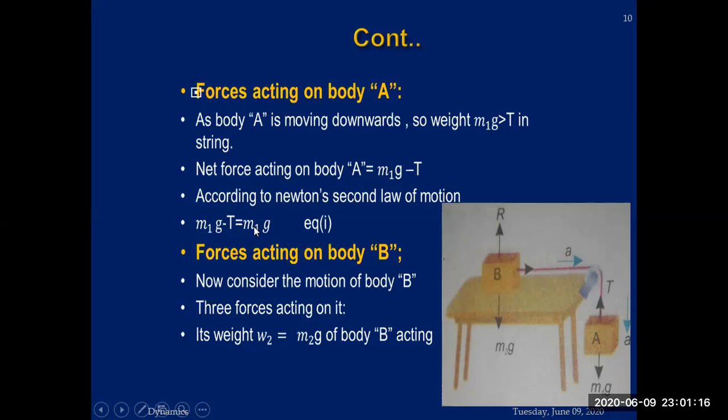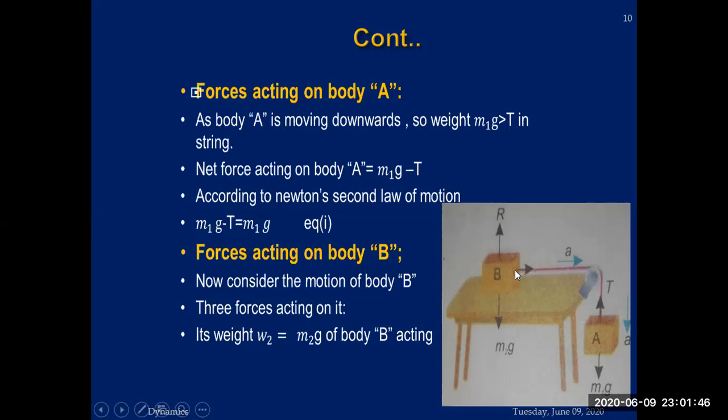This is the first equation which you are getting by applying Newton's second law of motion, because net force is acting on this body of mass m1 and the acceleration produced. Net force is m1g, plus because it is moving in favor of weight, minus T because it is moving against tension. So you sum up the forces acting on body A. These are the two forces acting, m1g minus T is equal to m1a. So this one is equation 1.